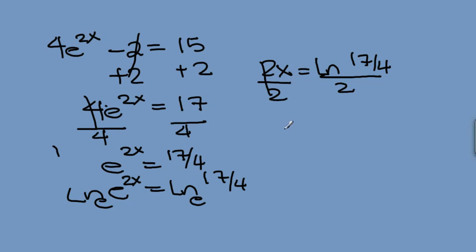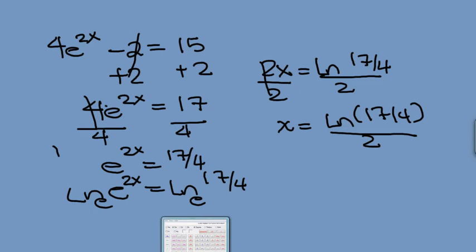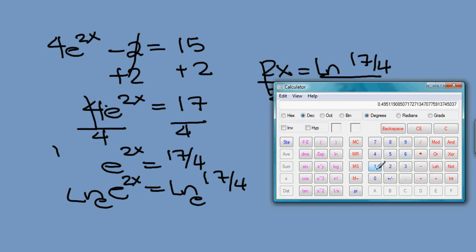So if we use a calculator, we get x equals ln of 17 over 4, divided by 2. Using a calculator, what we would do first is we'd put in 17 divided by 4, close a parenthesis, or equals, take the ln of it, and then we're taking that and dividing by 2.